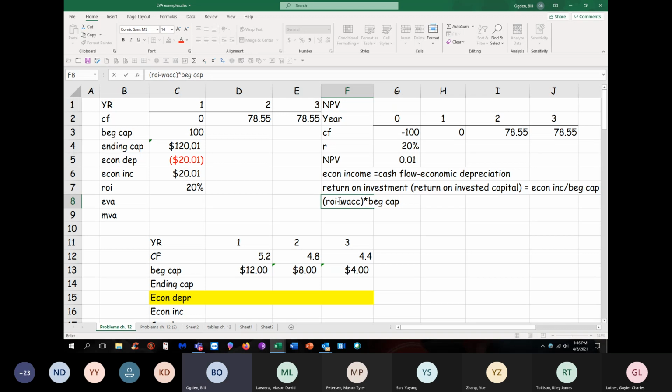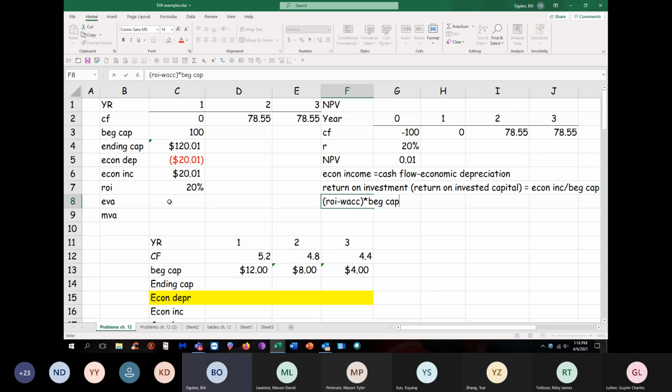And I do believe in the database that has this EVA material in it has a number called EVA margin, and this is how they calculate it. They take the company's return on investment, subtract its WACC, and multiply it by the beginning capital.